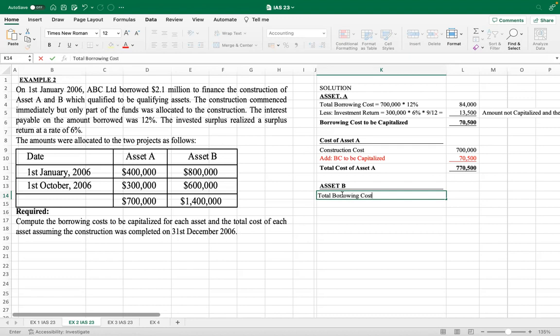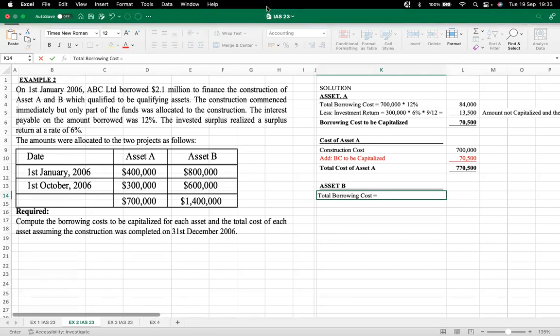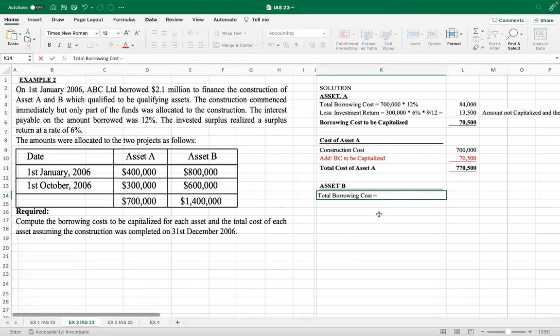I need to see in the chat how much for asset B. Look at what we did in asset A. I'm giving you 30 seconds to type in the chat. What will we have for asset B?